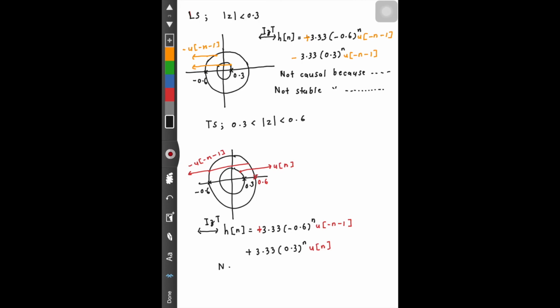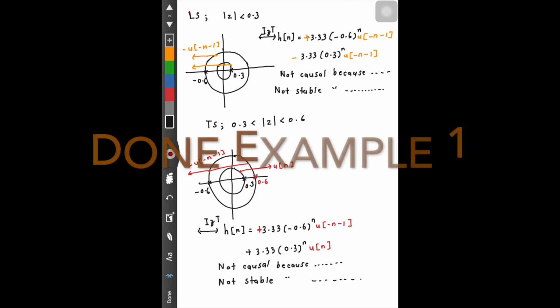For two-sided also, it is not causal because it is a two-sided region, and it is not stable, again because the region does not include the unit circle.